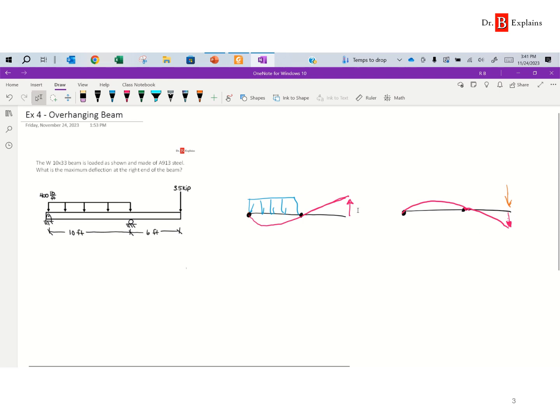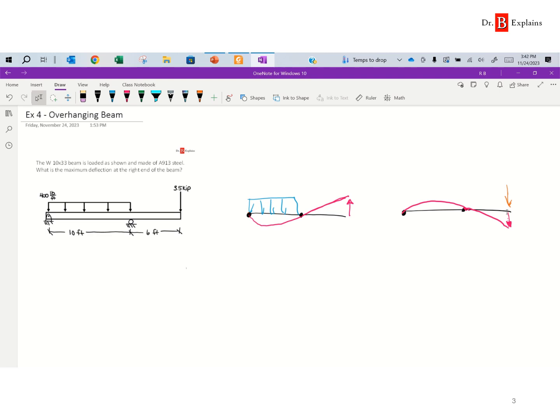So we're going to see here already that there's an upward deflection from the distributed load and a downward deflection from the point load. What is going to be the deflection of the beam? It depends on the magnitude, how big each one is. We already know they're acting in opposite directions, so we take the difference, and whichever is bigger will indicate if the deflection is up or down.